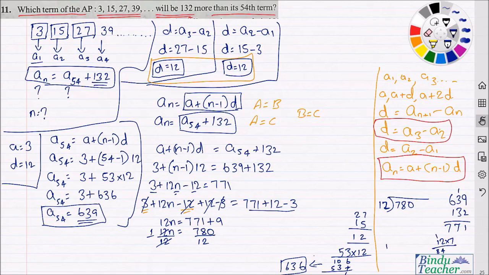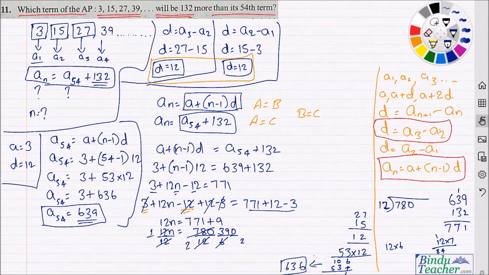Okay, so this is too much. Let me try 12 into 6, or why not take the lowest denominator possible. So we'll start with 2. Okay, so we have 2 into 6 and 2 into 3, carry over 2 into 9 equal to 18. So we have 780 and 12 divided by 2, we get 390 by 6.